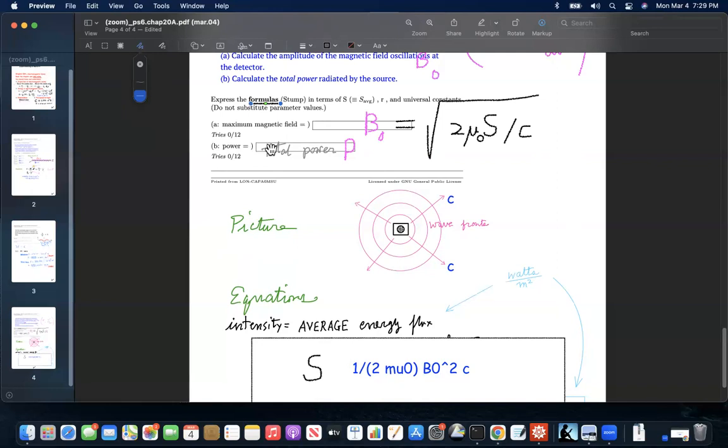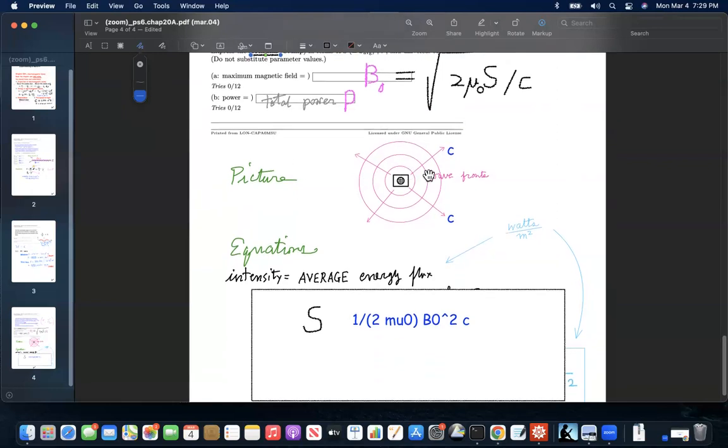And then for part B, it's the total power. Now, S is power divided by area. S is energy flux, so it's energy per unit time. Energy per unit time is power, joules divided by seconds, so that's watts.